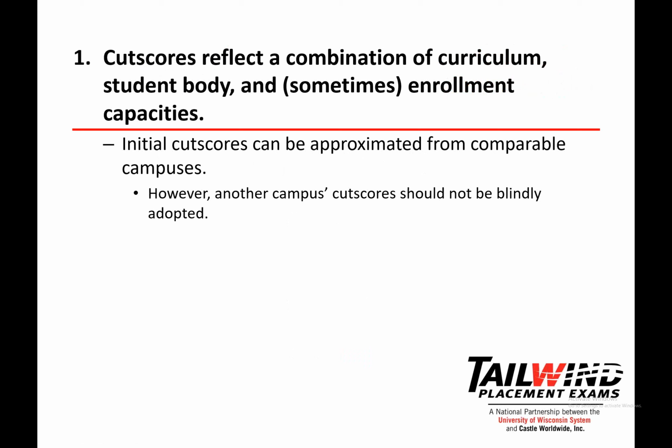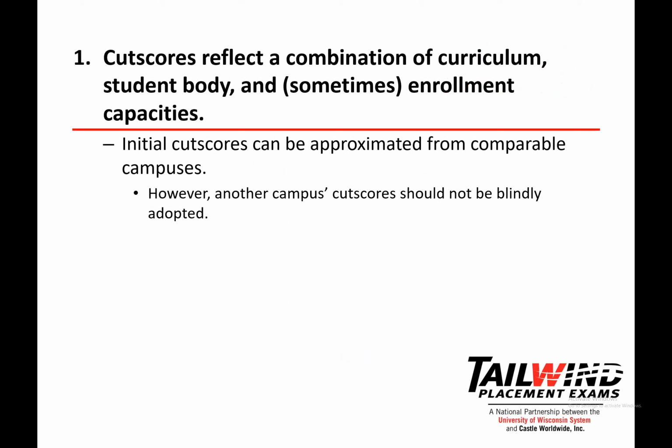So in order to appropriately set Cutscores, it's important to know the content that is being taught in each of the courses in the introductory sequence, as well as the necessary preparedness level of the students. A student is placed appropriately when they're put into a class in which they have the most potential to learn new material. And in order to do so, we need to assess whether or not they possess the prerequisite skills necessary for that particular course.